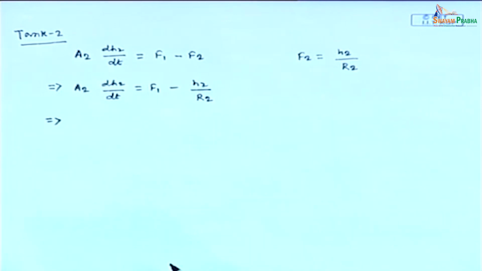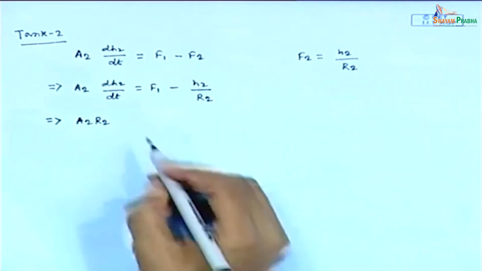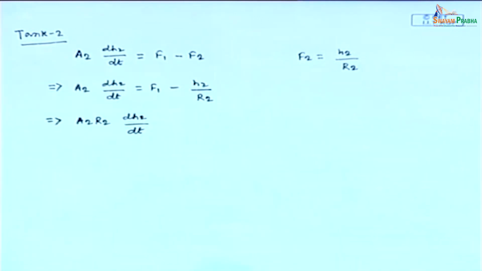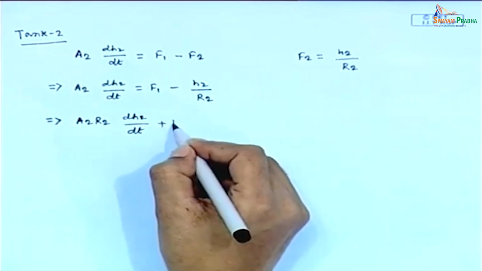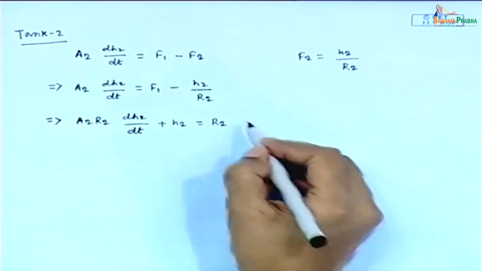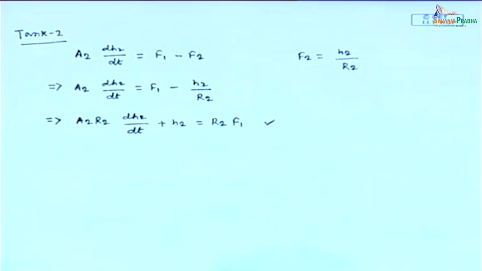Multiplying both sides by R2 and rearranging, we get A2 R2 dH2/dt plus H2 equals R2 multiplied by F1. Now, similarly, we represent this equation in terms of deviation variables.